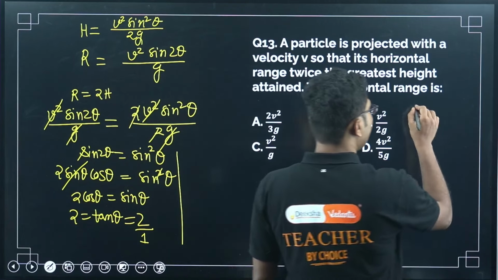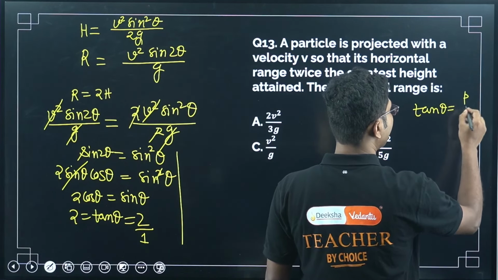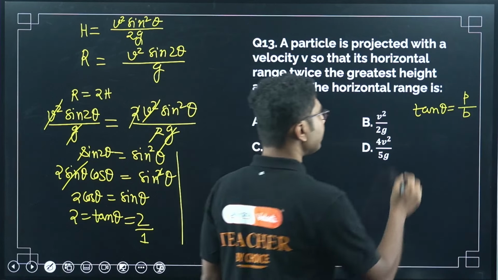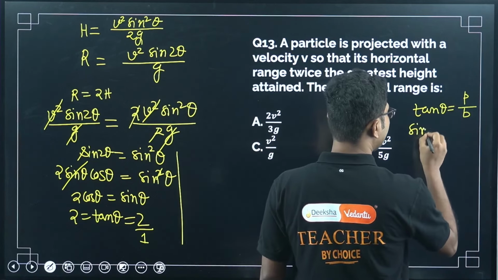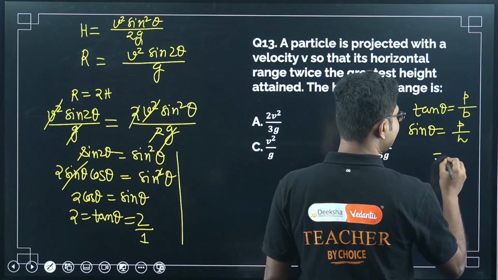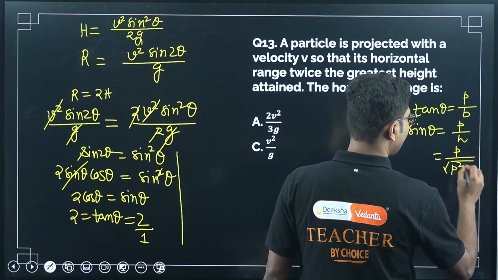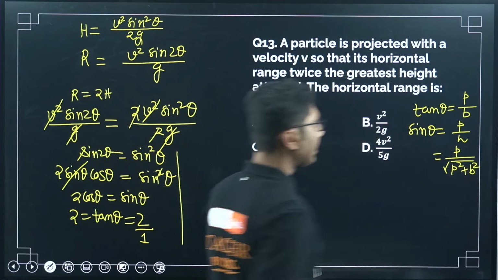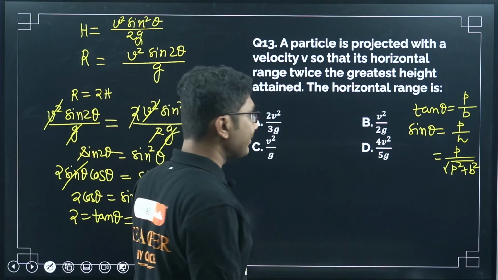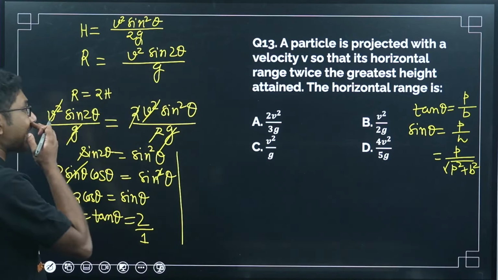Now you need to know how from this we can find sine or cos. Tan theta is equal to perpendicular by base, and sine theta is equal to perpendicular by hypotenuse. Hypotenuse is nothing but the square root of p square plus b square. You can calculate cos theta similarly as well, but here our interest is to find the range.